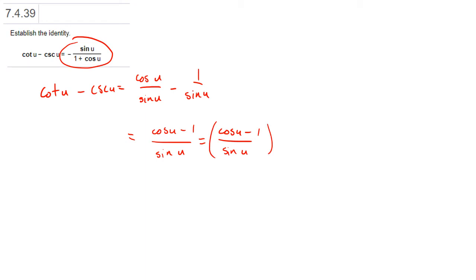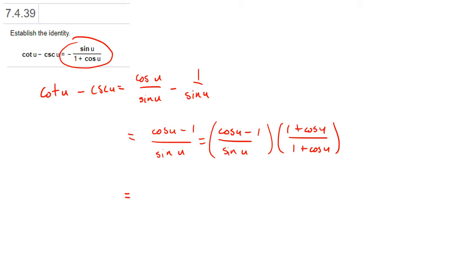Now, what form of 1 do I want to multiply by? I'm going to multiply by 1 plus cos u over 1 plus cos u. This way, I'm only multiplying by 1. I am not changing the value. Why am I multiplying by this? Because I already know that I want a 1 plus cos u in the denominator, and now I'm going to get it. But we do have to also multiply the numerator by that, and then we'll just see what happens.